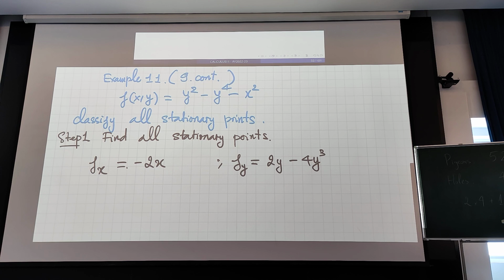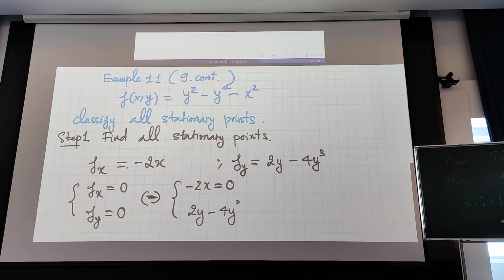So to find the stationary points, you need to solve the system of equations fx equal to 0 and fy equal to 0. That is equivalent to minus 2x equals 0, 2y minus 4y cubed equal to 0, and easily you will get the solution x equal to 0 and y equal to 0, or y equal to plus minus 1 over square root of 2.